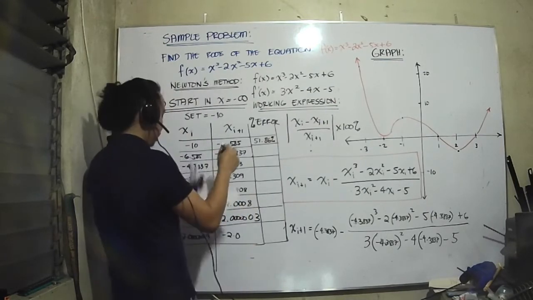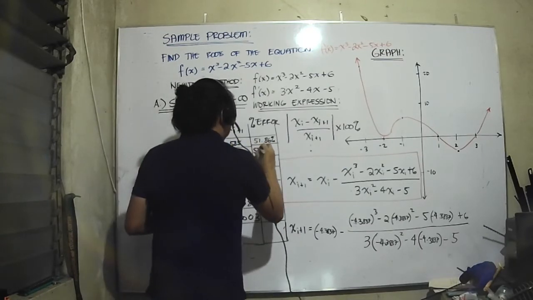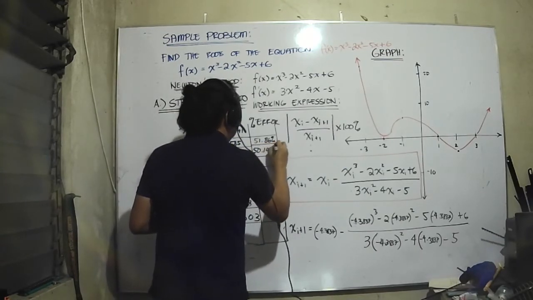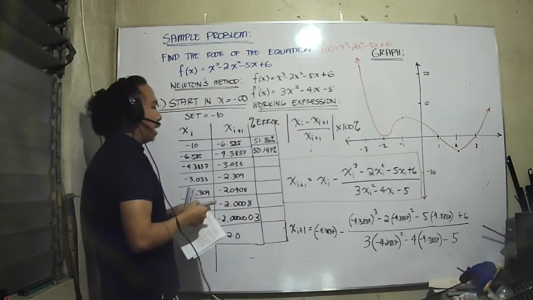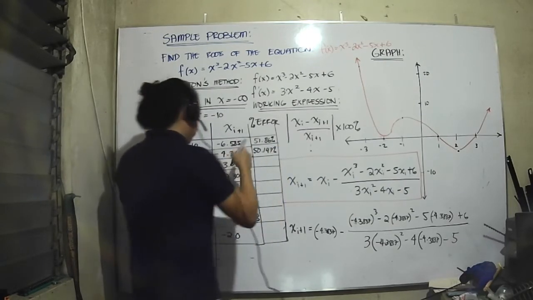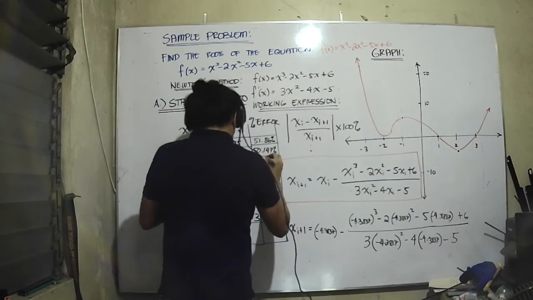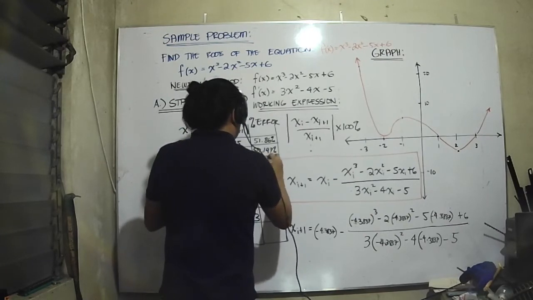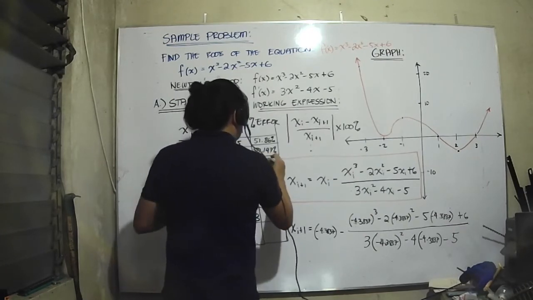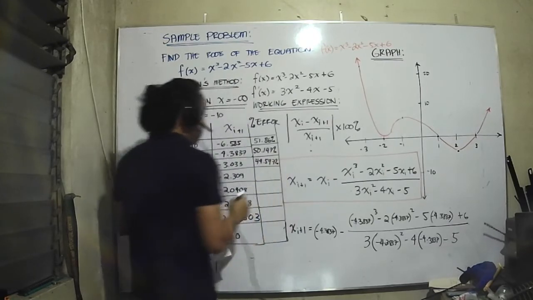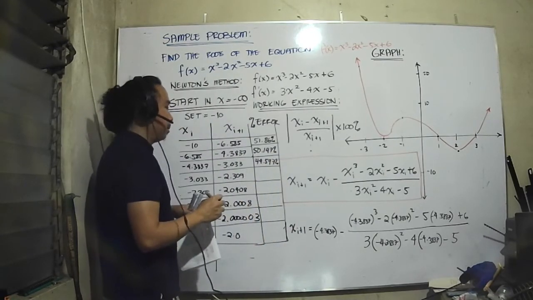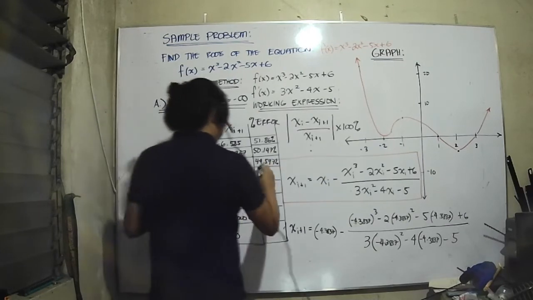This one is equal to 50.147%. Slightly better but still unreliable. This one is 44.597 percent. The error is decreasing but still not dependable.